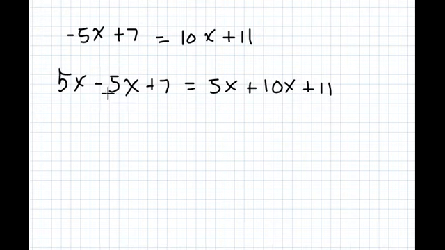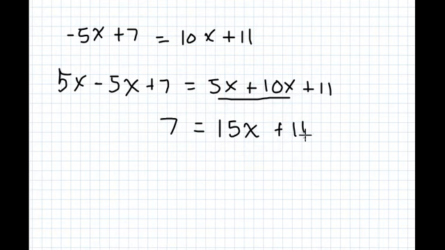Okay, so now we have negative 5x, or we have a positive 5x minus 5x, so that's going to make that go away. So I'm left with 7 is equal to, I'm going to collect my like terms here, so that becomes a 15x, and then we have the plus 11.